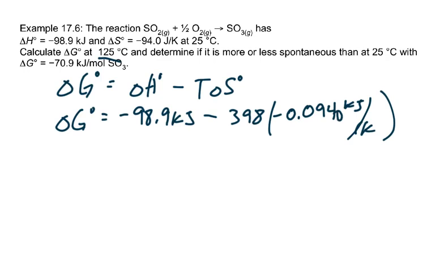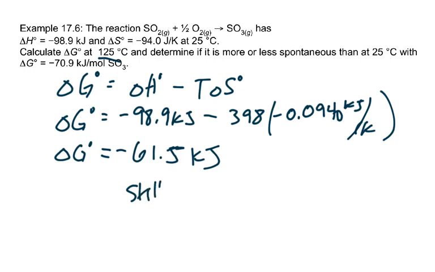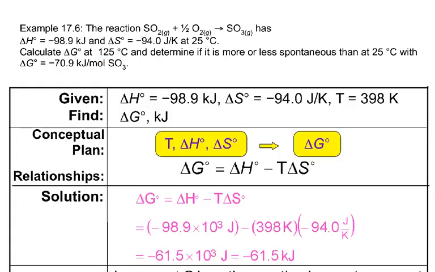So my delta G under standard conditions at that temperature works out to negative 61.5 kilojoules. And so we are still spontaneous because we're still negative, but less so than we were at the lower temperature.